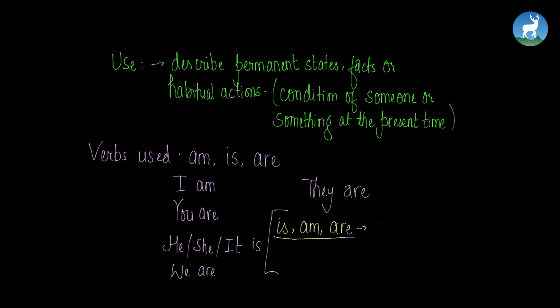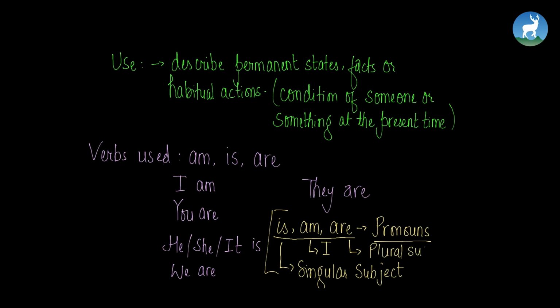These things come after pronouns, right? They don't come only after pronouns, but also after any singular subject. In the case of is, so we use personal pronoun I for am, and for are we use a plural subject. The subjects could be nouns or pronouns.